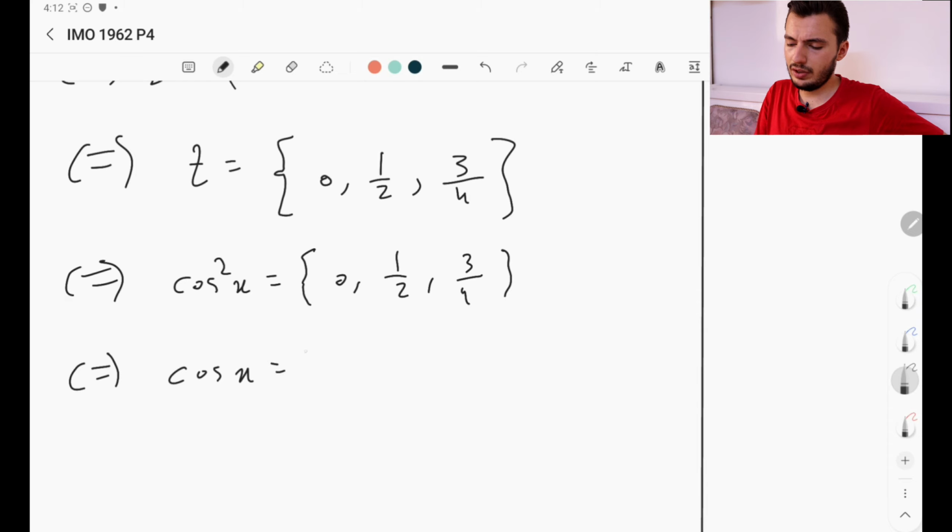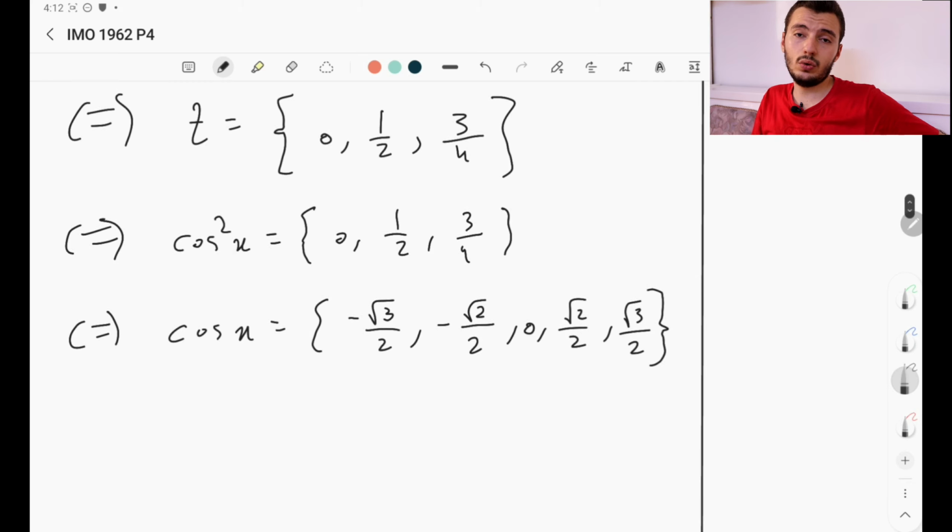So cosine of x is now the square roots of these numbers or the negative square roots of these numbers. So we can simply start with the negatives: negative root 3 over 2, then negative root 2 over 2, then 0, then root 2 over 2, and then root 3 over 2.